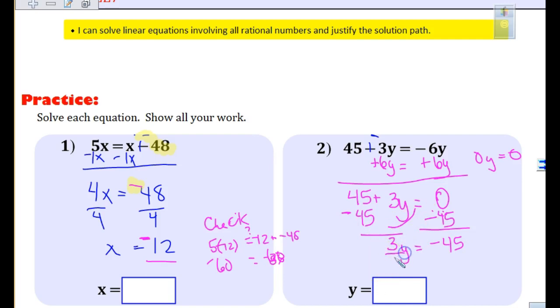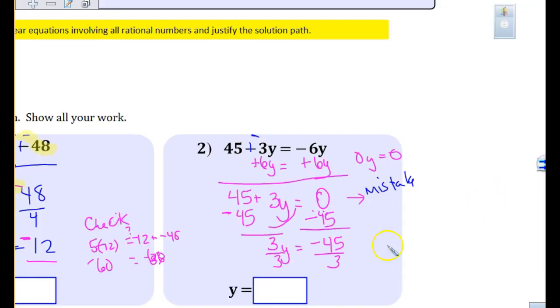Because what a lot of students will do is at this point, they will tell me the answer is this. This is the mistake they will make. They will say, you know what, if I'm solving this, I will just take 45 plus 3y, and they'll ignore this.